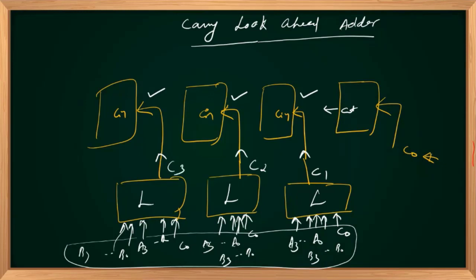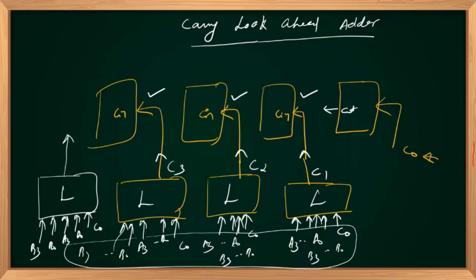And finally, to produce C4, again, I will use another logic that will accept C0, then A0 to A3 as earlier, then B0 to B3, right? And that produces a carry out that is called C4, right? So all C4, C3, C2, C1 are readily available, similar to the first carry in C0.